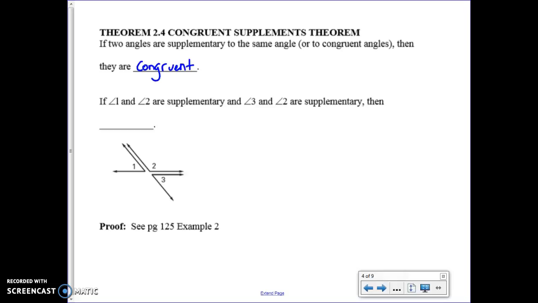So down below it says, if angle 1 and angle 2 are supplementary, so if they add up to 180, and then angle 3 and angle 2 add up to 180, then angle 1 is congruent to angle 3. So we take angle 2 out of the picture entirely there. If you want a proof of that, page 125 has a great proof, an example 2.